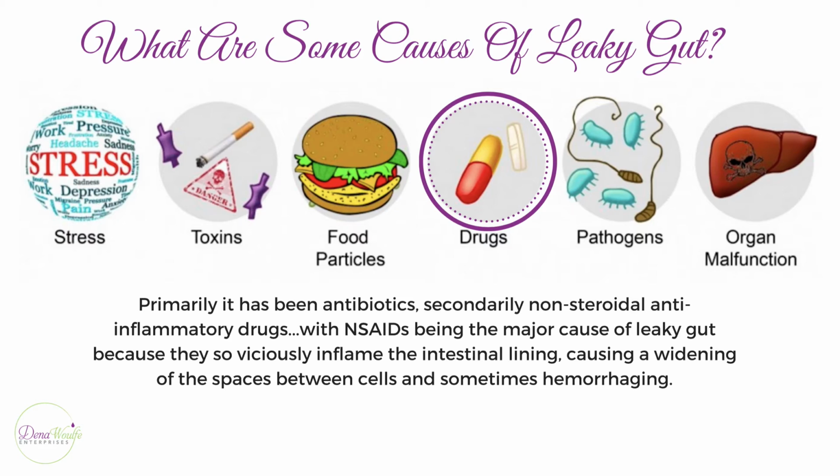NSAIDs are a major cause of leaky gut because they so viciously inflame the intestinal lining, causing a widening of the spaces between the cells and sometimes hemorrhaging. So we go back to the first video, where it's explained how leaky gut occurs. And this is one of the number one causes of leaky gut: taking in NSAIDs and antibiotics.